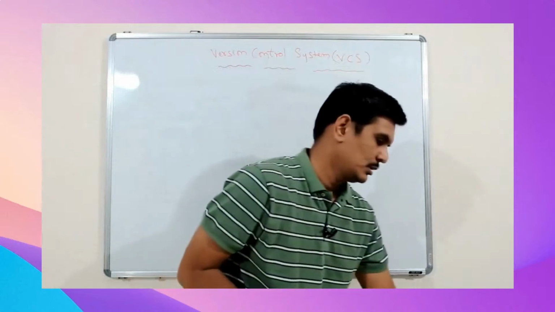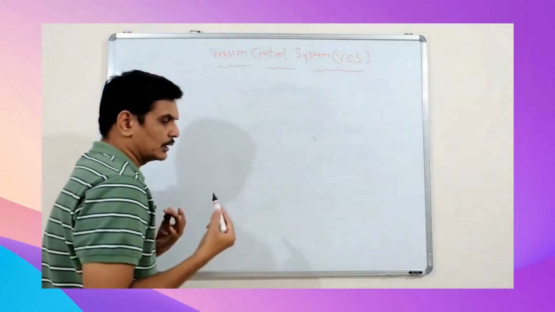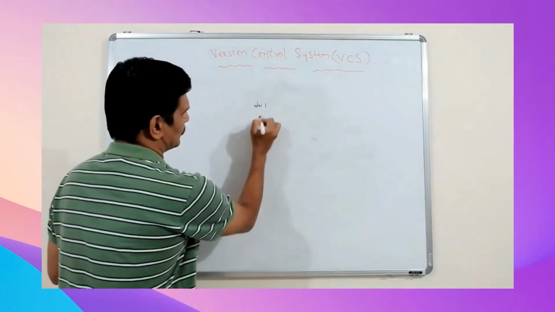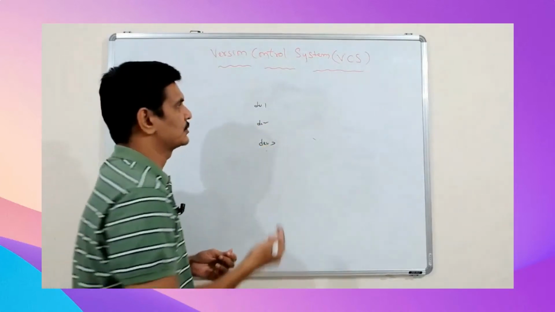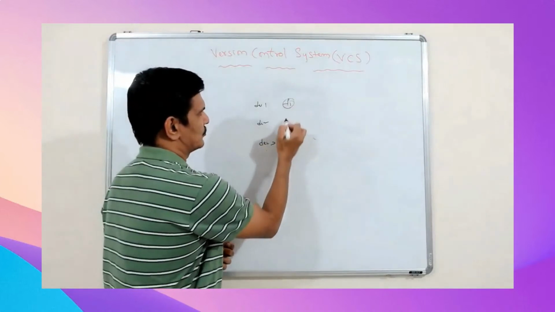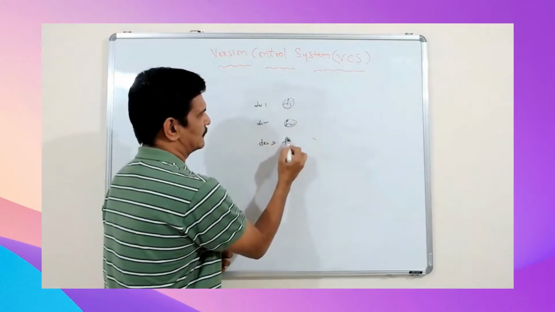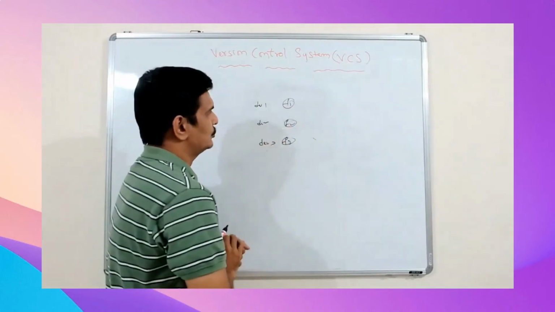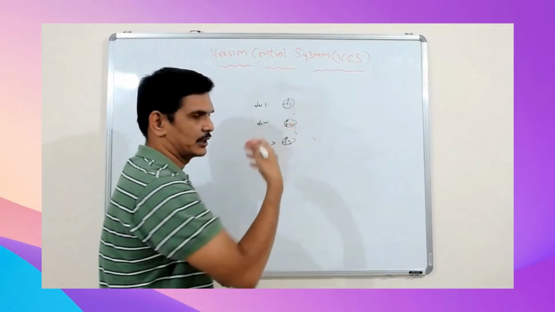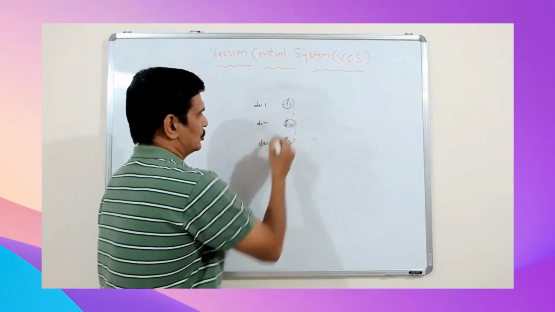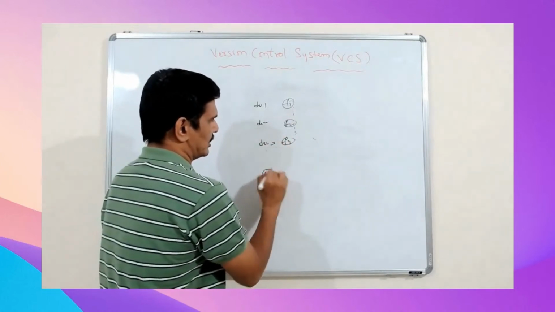Let us say developers again: developer 1, developer 2 and developer 3, working on multiple features, feature 1, feature 2 and feature 3. Suppose while these features F1, F2 and F3 are implemented, a new developer joins the company.